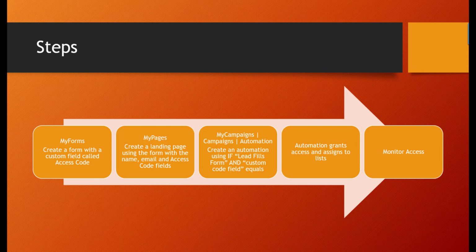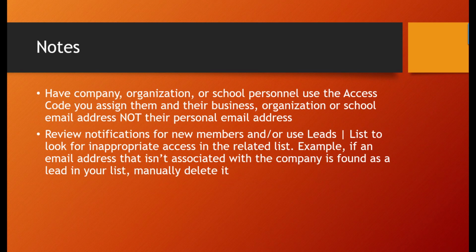Finally, you'll use email notifications or Kartra's lead or lists options to monitor the access and manually delete anyone that shouldn't belong. You're going to have a company or organization or school use the access code you assign them and their business or school email address, not their personal email address, and your landing page will say that.